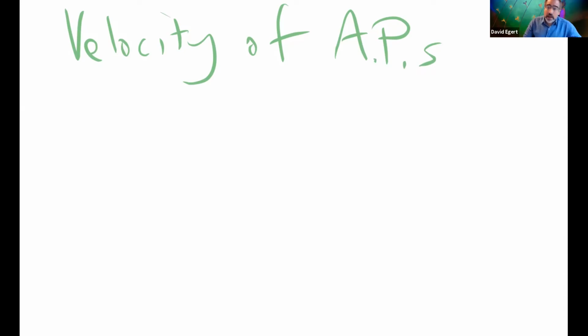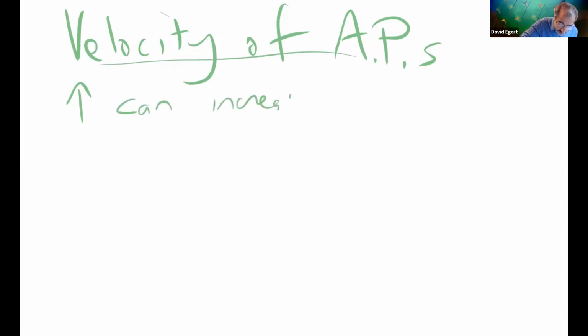So one of the problems with membranes in general is, if you have a voltage difference across, you actually can have electrical current, and eventually the voltage difference dissipates. And if you want to increase the velocity of an action potential, you can increase the diameter of the axon.